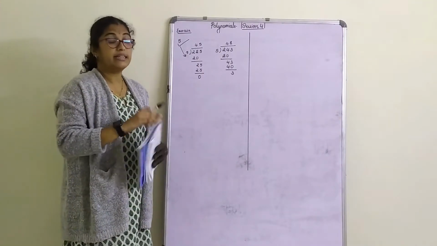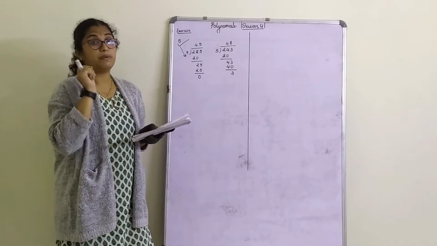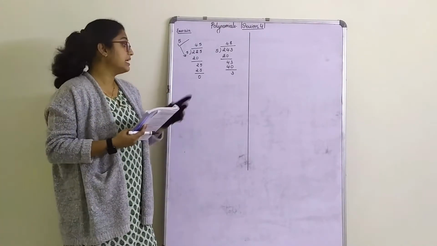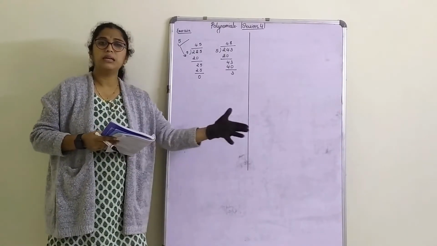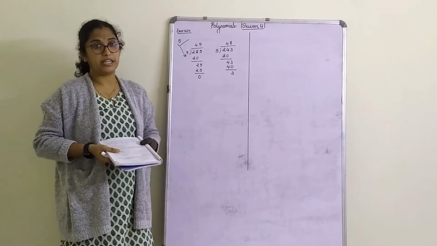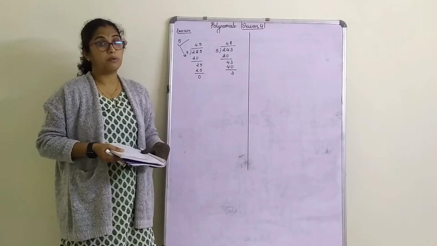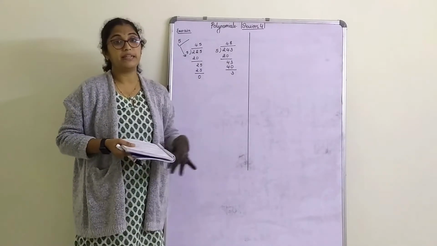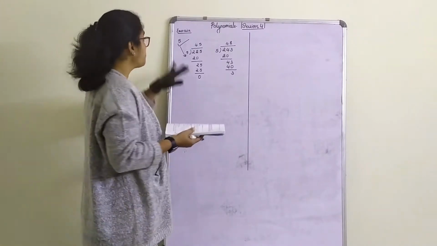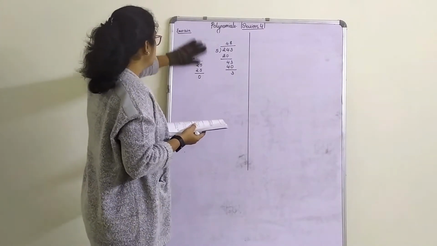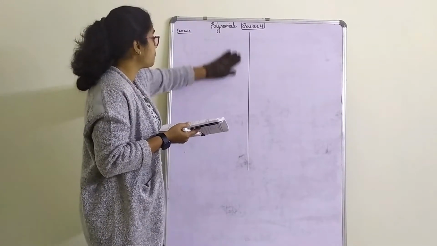This tells us that if a given polynomial has a particular expression as a factor, the remainder should be 0. How do you know the remainder is 0? By applying the remainder theorem. If you get the remainder as 0, the given term is a factor of the polynomial. If something is left as a remainder, it is not a factor. Very clear? This was just for your understanding to make the concept very clear.